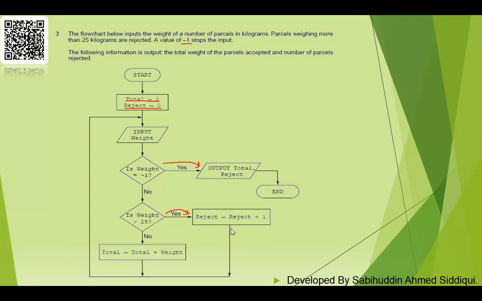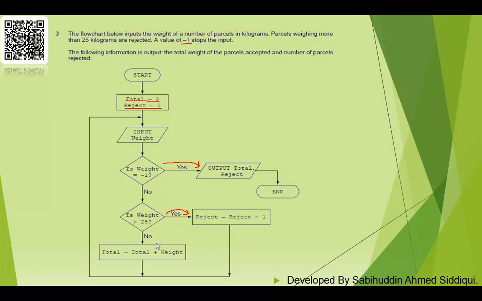That means it will check the total weight when greater than 25 kilograms. With the test data, which we will have on the next page, you will see how it rejects the values and how it calculates the total weight and total number of rejections.